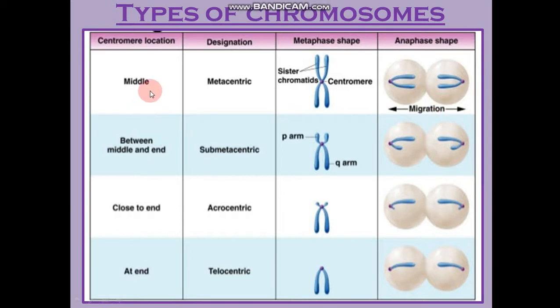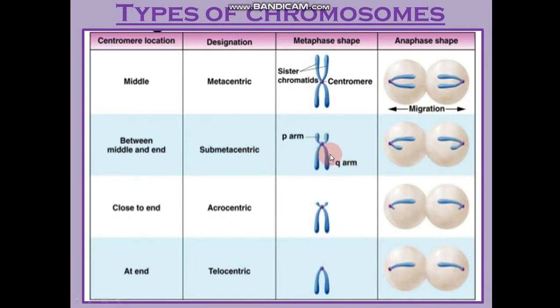Starting with the first one, when the centromere is located at the center, the designation given is metacentric. This will be the diagram. The centromere will be located centrally and both arms will be equal. During the anaphase stage, when they move towards the opposite pole, they will show the structure of a perfect V. Next, when the centromere location is between the middle and one end, it will be called submetacentric, like this.